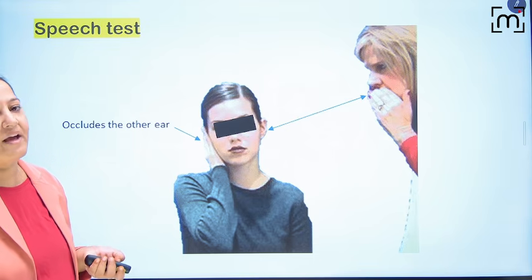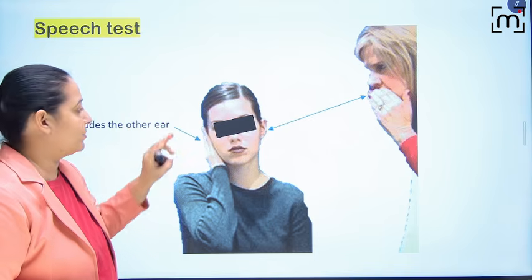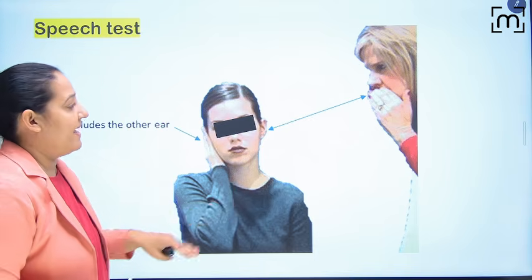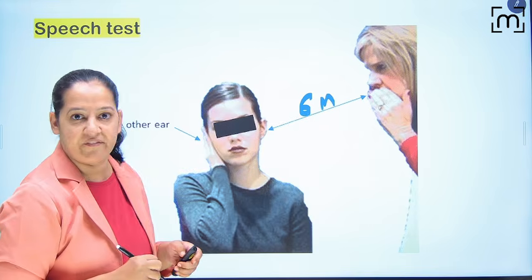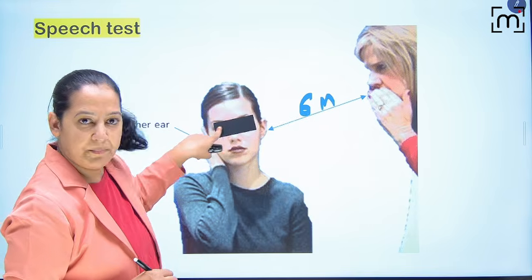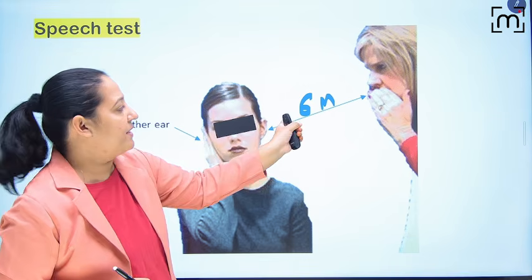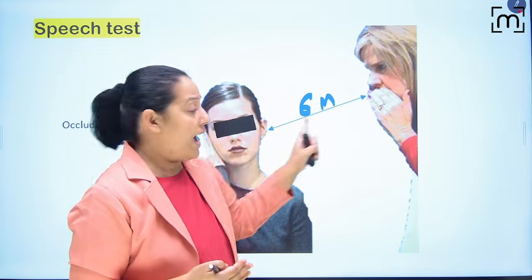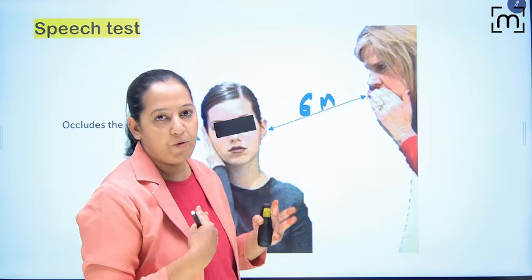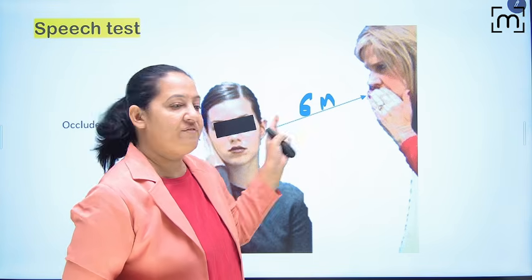The third test I taught you yesterday is the speech test. Again, it's a rough screening test. So this is my patient. The examiner stands 6 meters away from the patient. The eyes of the patient are blinded to prevent lip reading. Now the examiner starts talking at normal sound, the conversational intensity at which we normally talk with each other, and asks the patient whether they can hear or not.